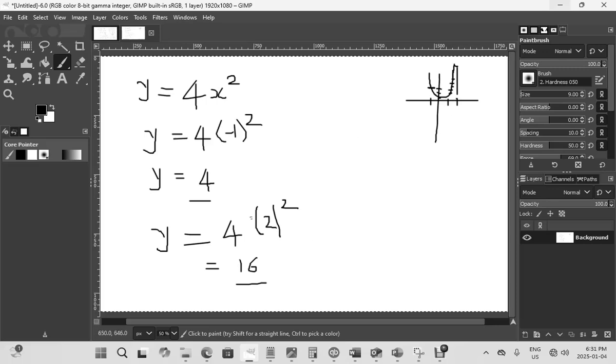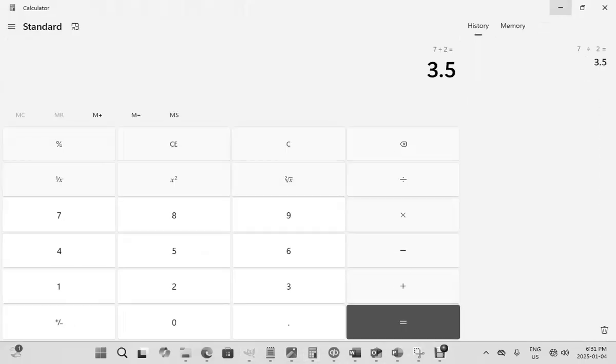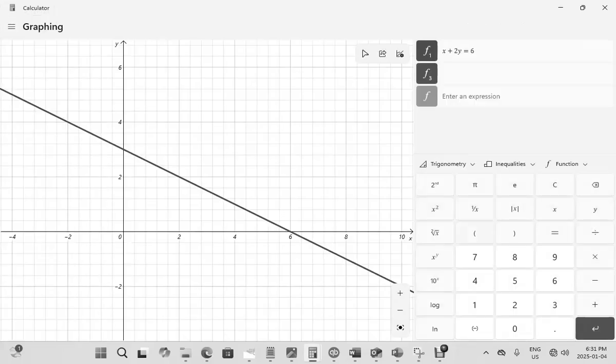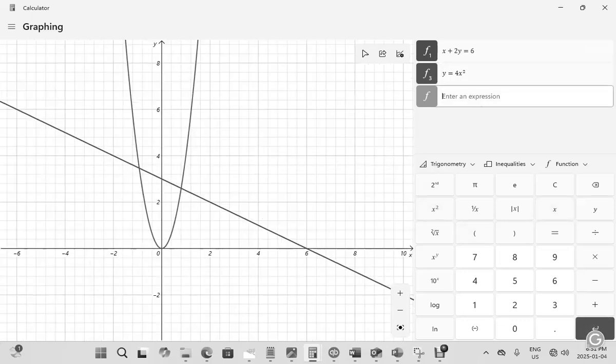Let's go ahead and graph our parabola. To graph the parabola, we'll change to our graphing calculator, and we'll type in y equals 4x squared. Notice we have our parabola over here, starting in one quadrant and ending in the other.